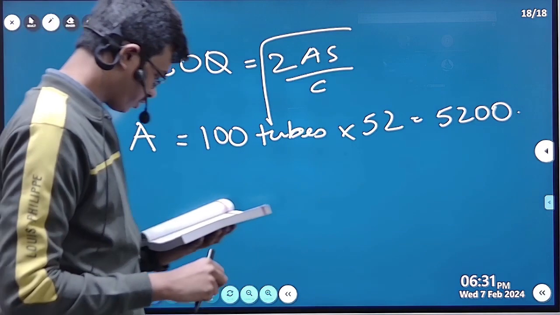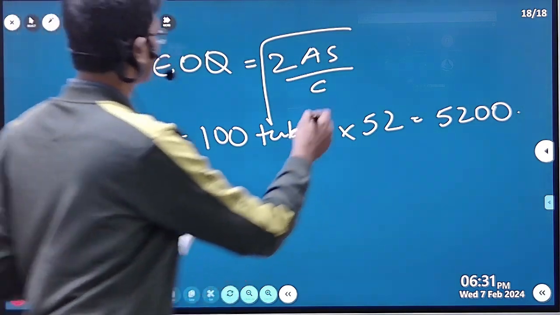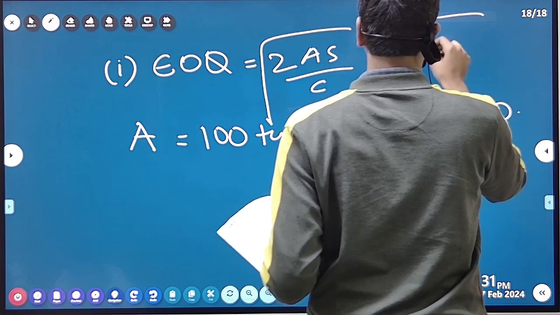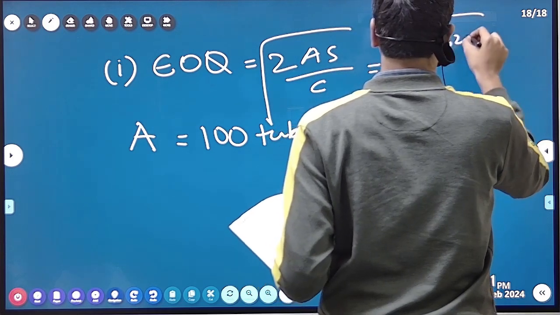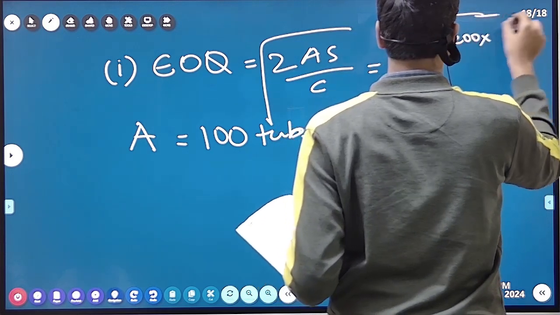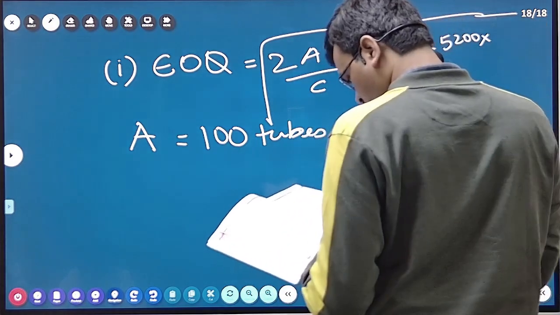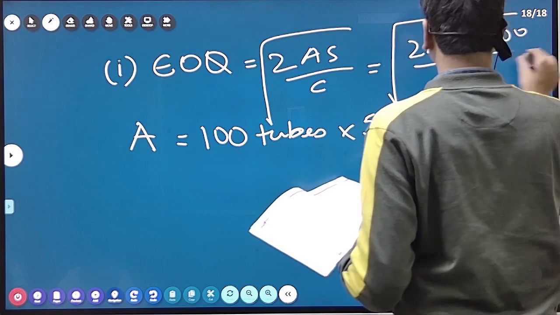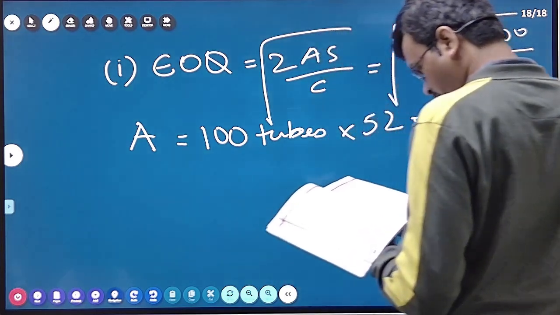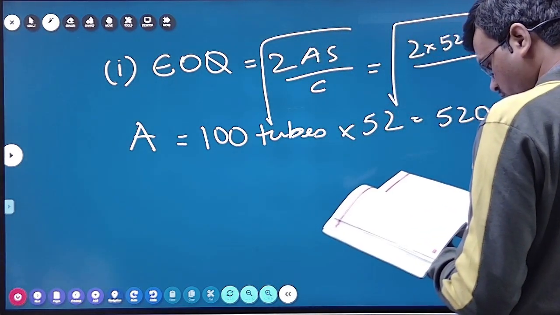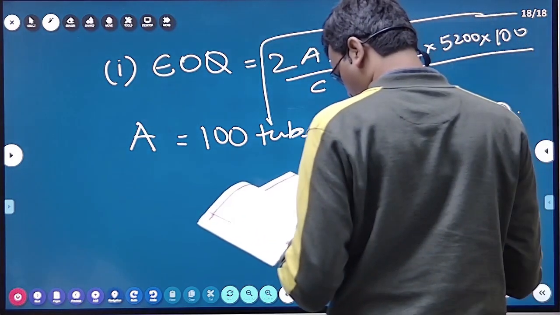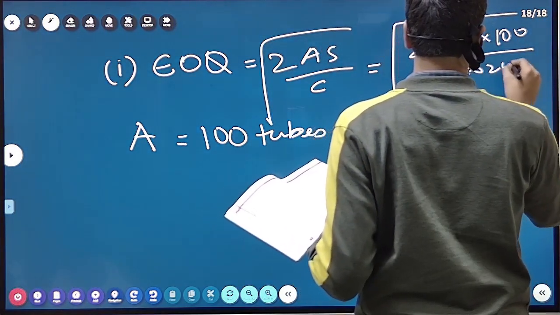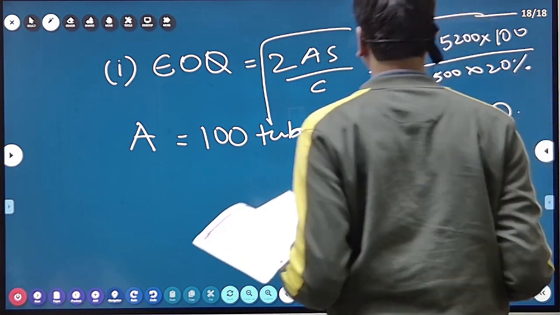So the rest we can just substitute in this formula. 2 into 5200 into, what is your ordering cost? It is 100 per order, divided by carrying cost, which is 20% of 500, so 500 into 20%.